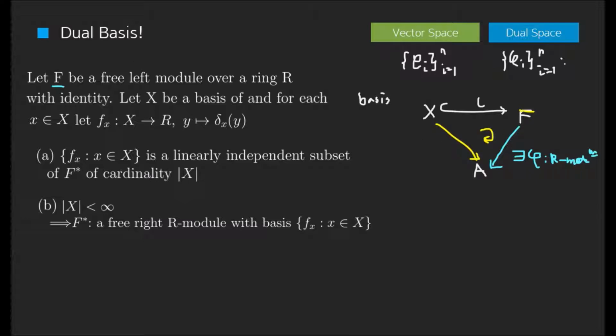Then F is a free left module. In this case, the homomorphism is a left homomorphism, because for any R module this condition is satisfied. I change this to R.